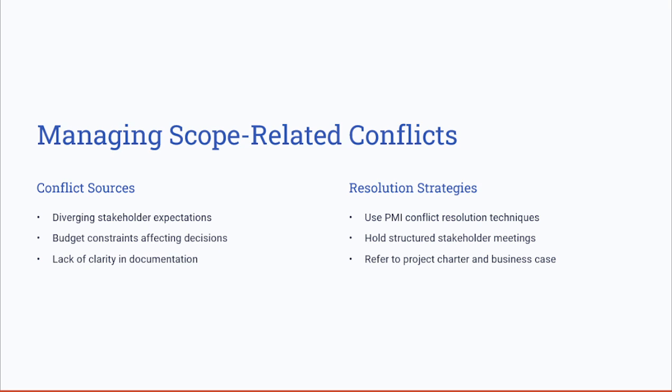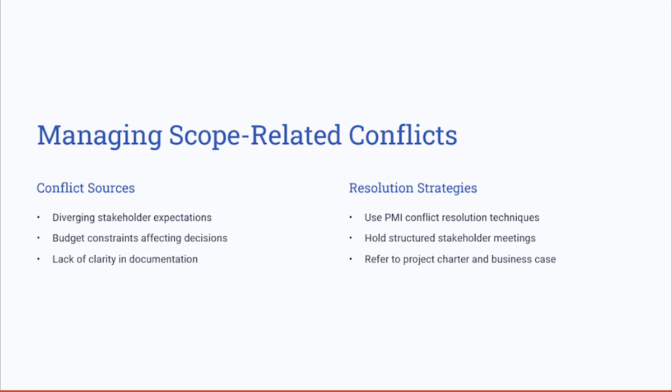Now let's talk about managing scope-related conflicts. As we've discussed many times, these conflicts in terms of scope arise due to different stakeholder expectations and priorities. You might also see some of these conflicts from budget constraints that affect scope decisions and from a lack of clarity in scope documentation.